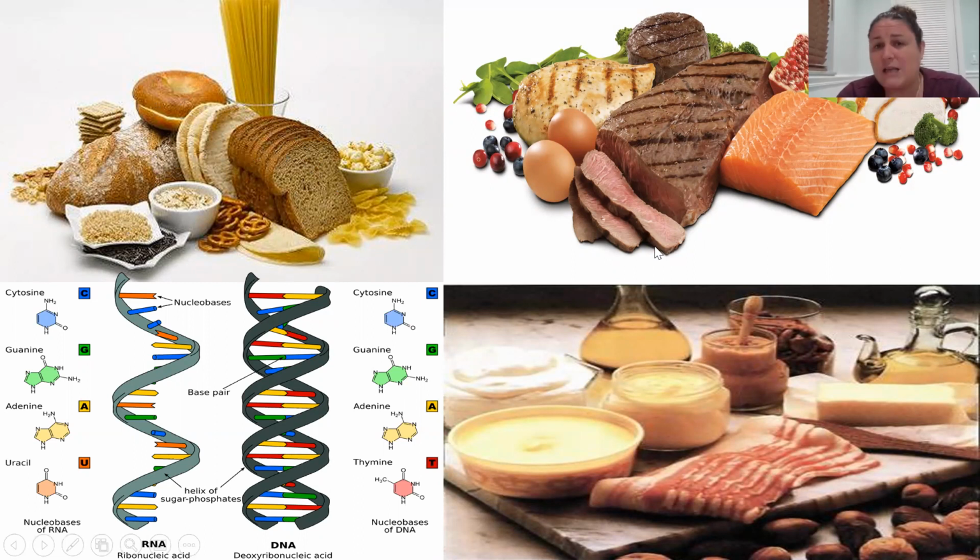These are things like your eggs, your meat, your fish, and beans. Down here, we have our fats, our lipid category, so things like butter and oil, the fat that you see in meat like bacon. Nuts also have quite a high fat content. And then our last group is nucleic acids, and those include molecules like DNA and RNA.